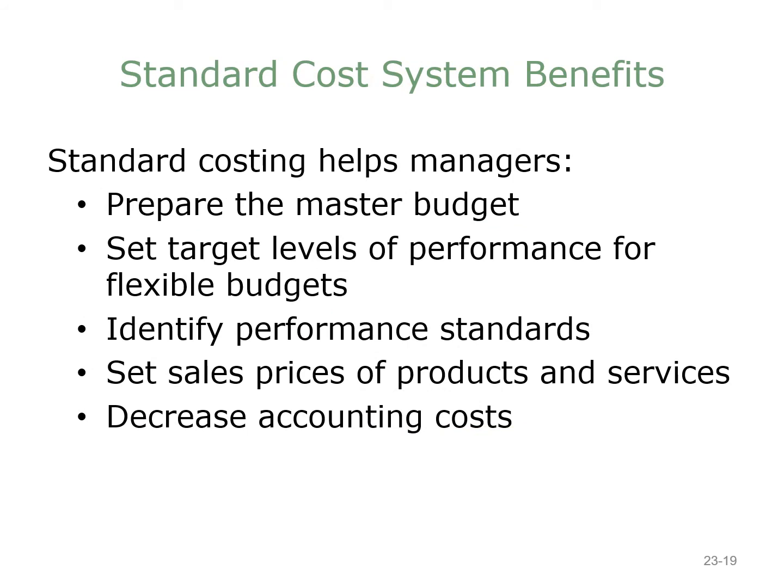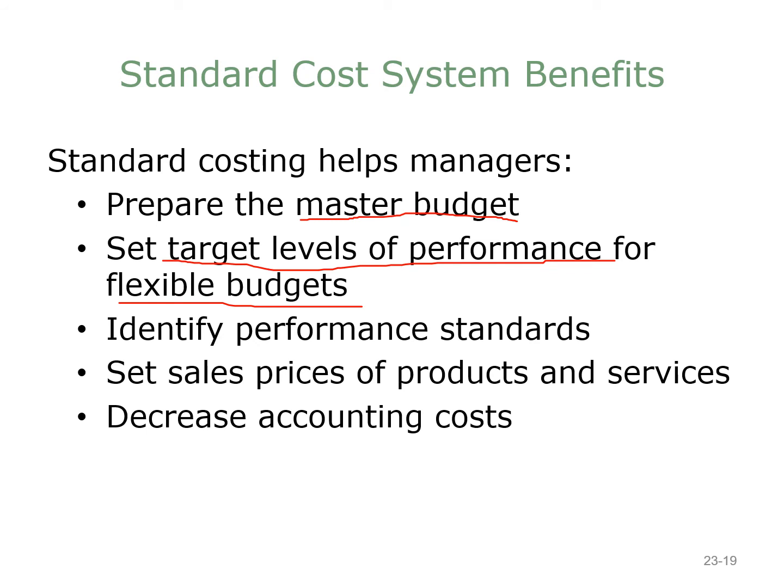The standard cost system benefit. Standard costing helps managers prepare the master budget, and the master budget, as we said, is a one year budget prepared according to one level, which means it is a static budget. Set target levels of performance for the flexible budget. It helps me also in preparing the flexible budget, because in the flexible budget we are preparing the budget based on more than one level of expected sales.